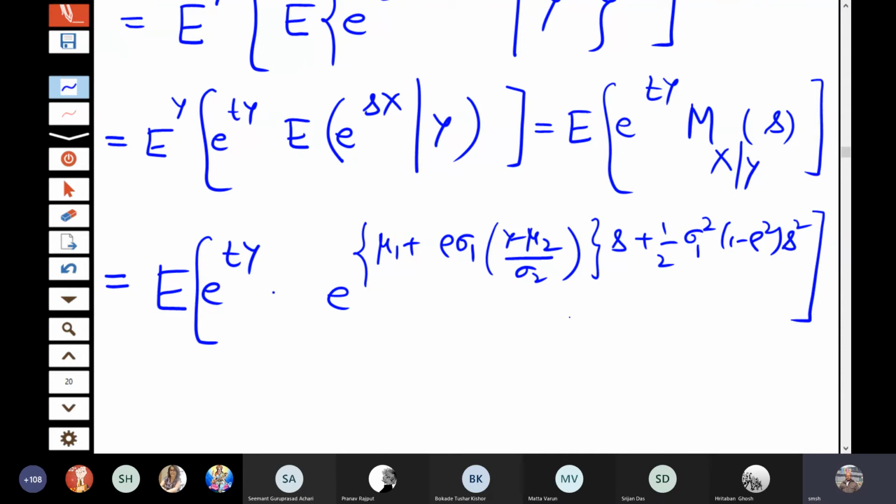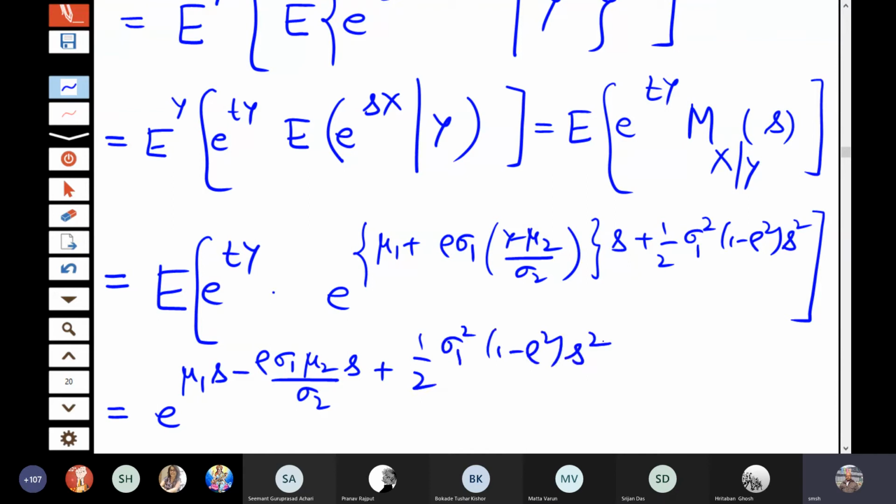So we will have to do some simplifications here. Let us take out all the terms which are of constant nature. So e to the power mu 1 s minus rho sigma 1 mu 2 by sigma 2 s plus half sigma 1 square (1 minus rho square) s square, and then you are left with expectation of e to the power (t plus rho sigma 1 by sigma 2 s) into y.